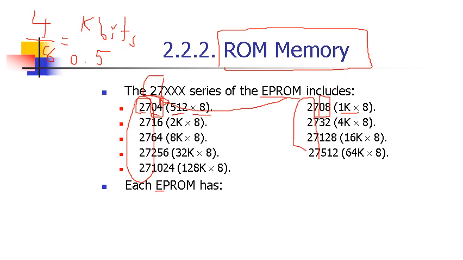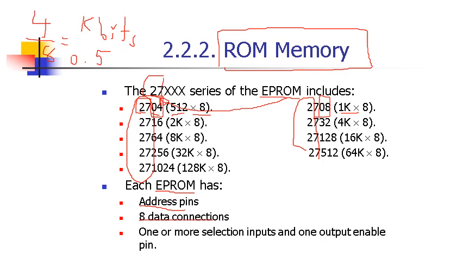And each EEPROM chip has address pins, definitely, data pins, and then control pins. They have two control pins, one for chip select or chip enable, and another one for output enable.